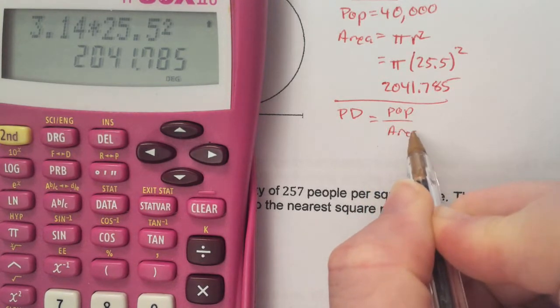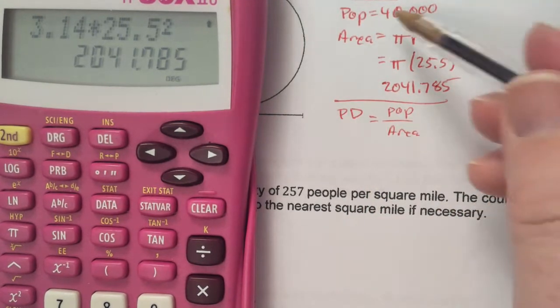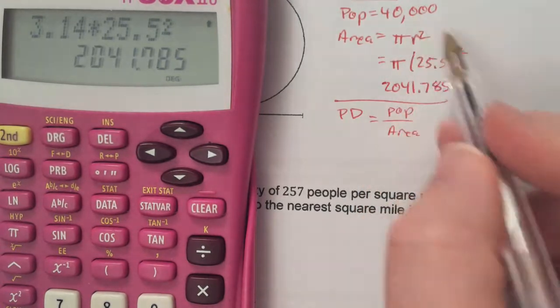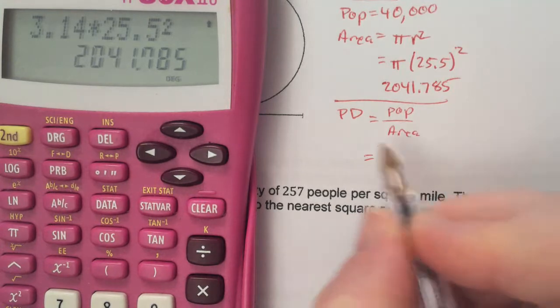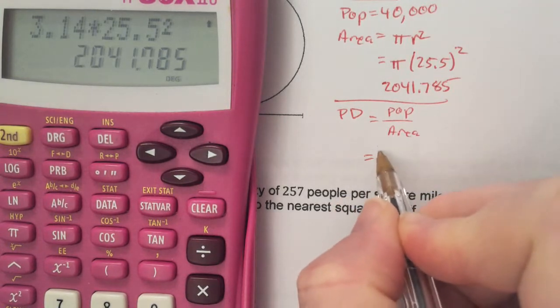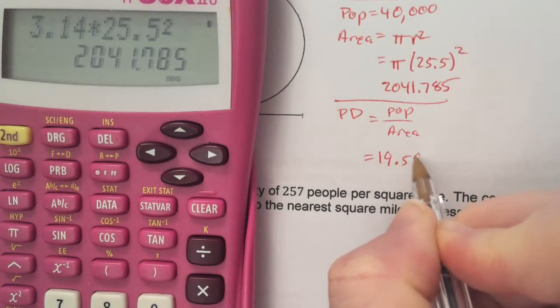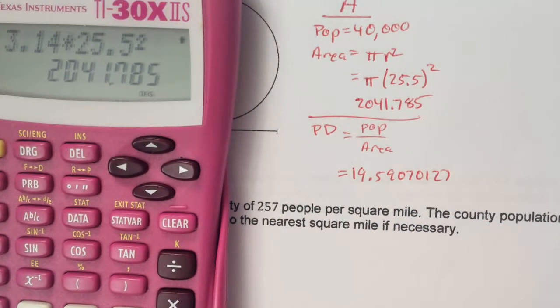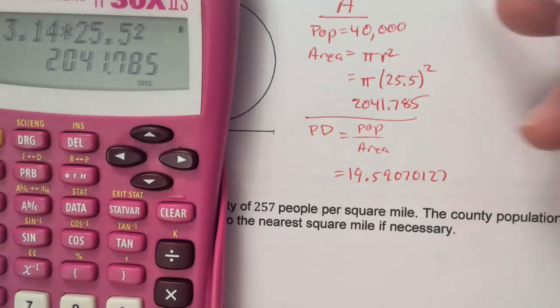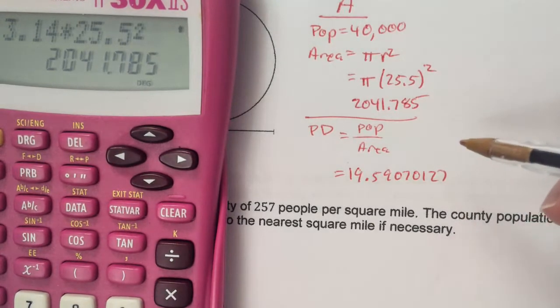So let's plug this in: 40,000 over that big long decimal, and we get 19.59070127. We're going to use that big long decimal while we're working on this. That is the population density for A.